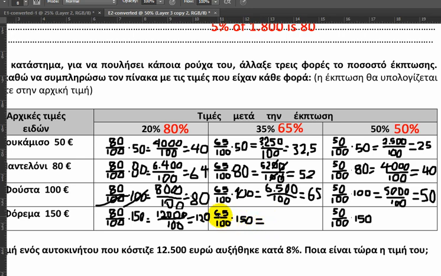Next up, we have 65 over 100 times 150 to find 65% of 150.